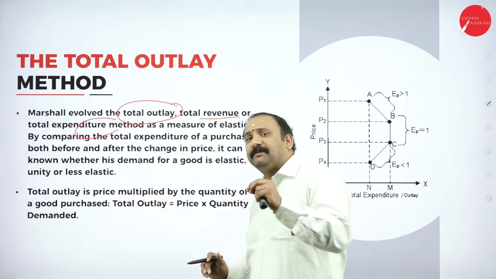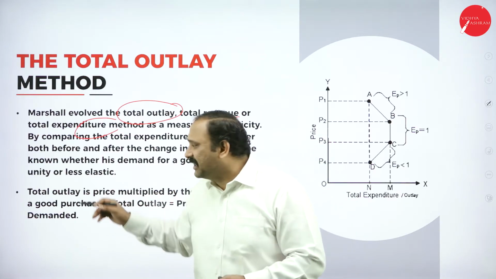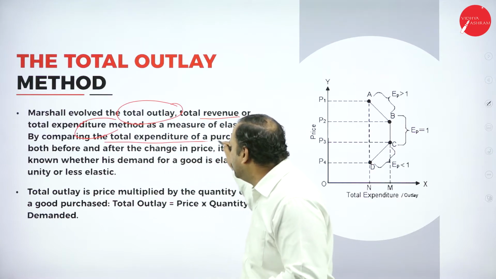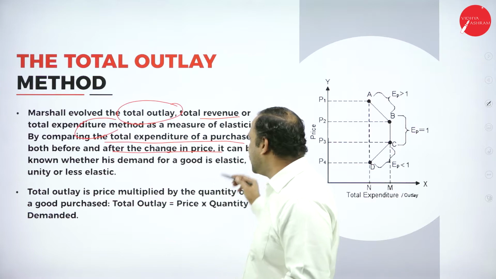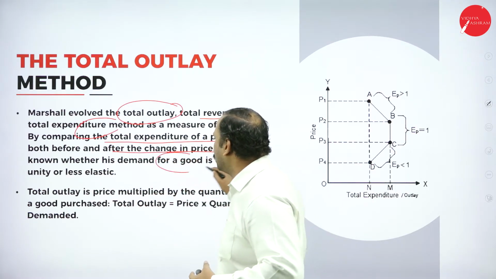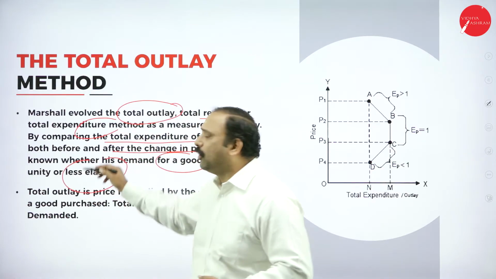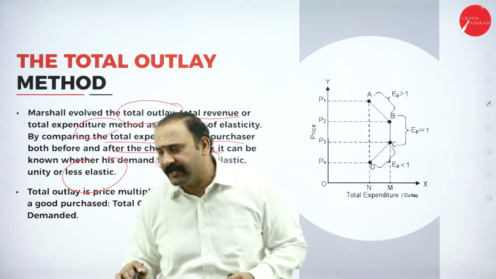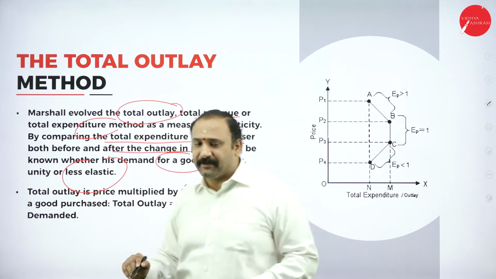What is that method all about? By comparing the total expenditure of a purchaser both before and after a change in price, it can be known whether his demand for a good is elastic, unitary or less elastic. So the total outlay is nothing but price multiplied by quantity demanded.